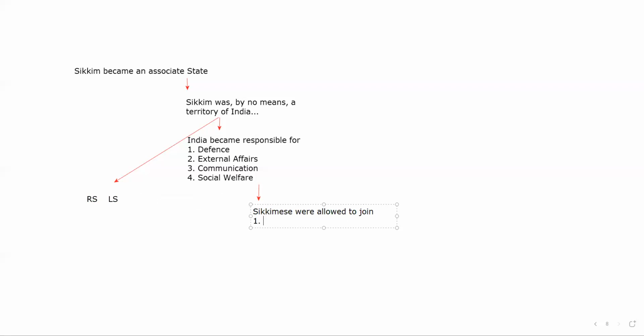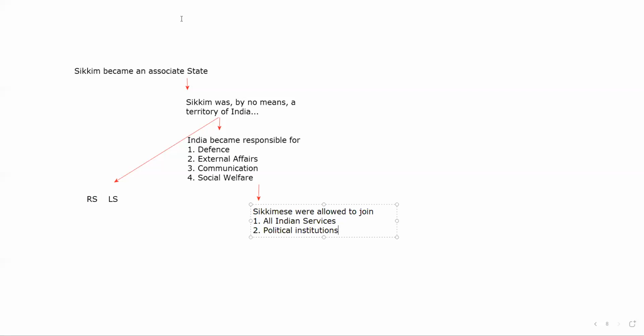Number one, all India services, and number two, the political institutions in India. So these are the two important points that the people of Sikkim were allowed to join at that time.